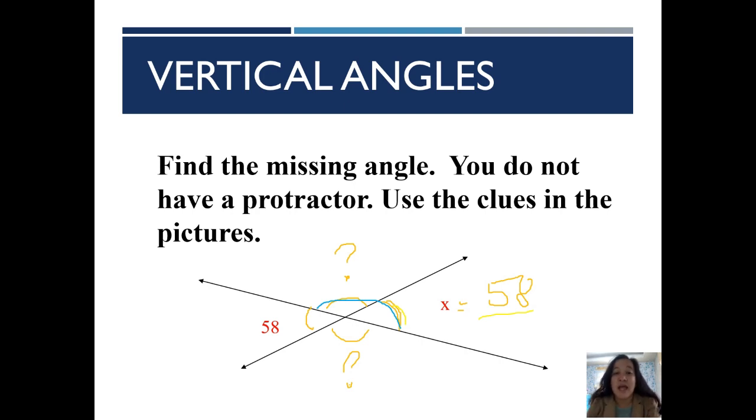So if we have a 58-degree angle, we need 122 degrees more for this pair of angles to be supplementary. So if this is 122 degrees, therefore this angle is also 122 degrees.